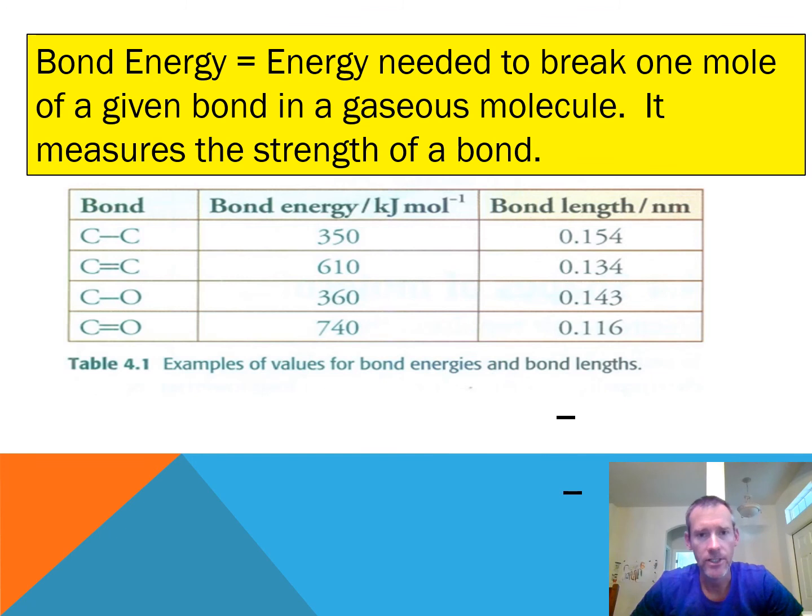So bond energy equals the energy needed to break 1 mole of that given bond in the gaseous molecule. Again, if we want to break something, like take an electron away, it needs to be in the gaseous phase, and it measures the strength of the bond. Okay.